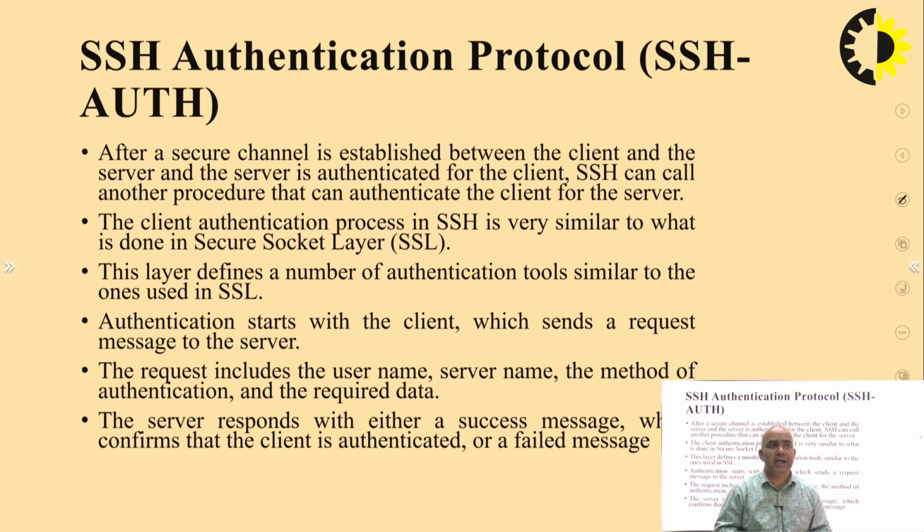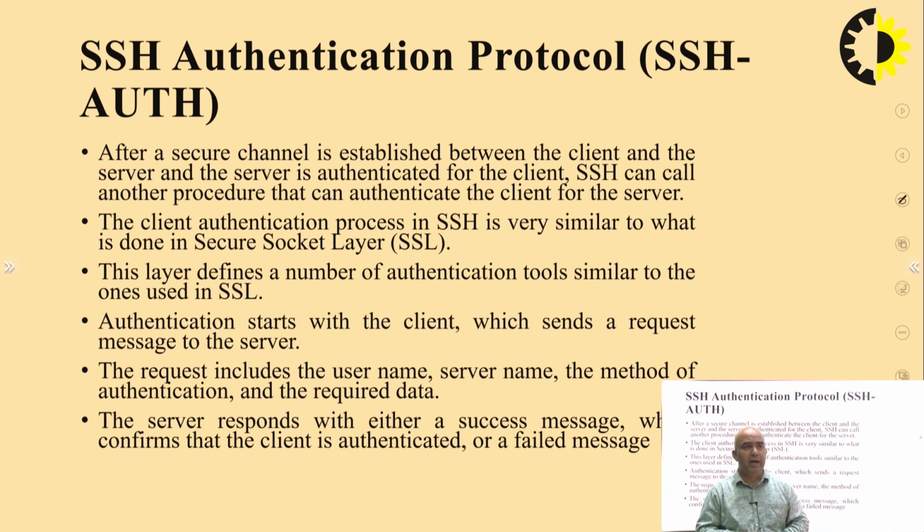Another is the SSH authentication protocol. Here, after a secure channel is established between the client and the server, the server is authenticated for the client. SSH can call another procedure that can authenticate the client to the server.